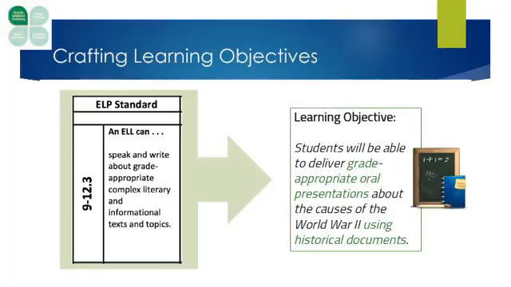So let's suppose that you are working with a high school history student on delivering oral presentations about the causes of World War II. By drawing from Standard 3 and the descriptors, we can craft the following learning objective for this task. Students will be able to deliver grade-appropriate oral presentations about the causes of World War II using information and historical documents.